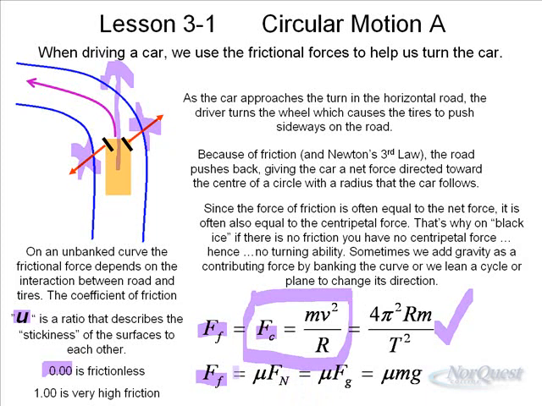Now, on a horizontal surface, the gravitational force pushes down, the normal force pushes up, and of course the gravitational force pushing down is mass times gravity, or the weight. And so the frictional force will be equal to the coefficient times the weight of the object, or the force of gravity acting on the object.